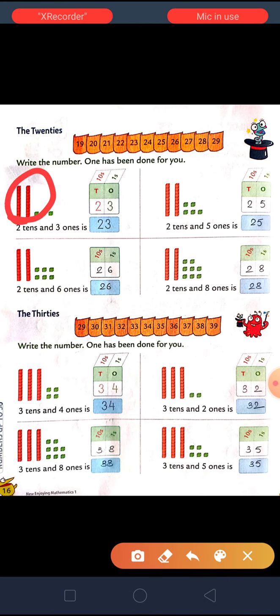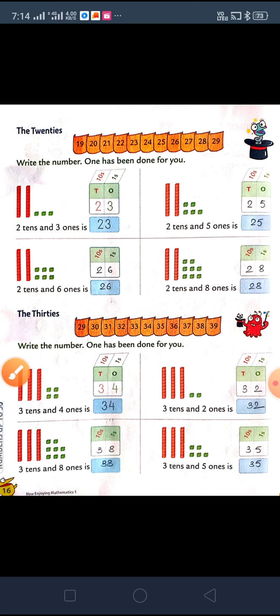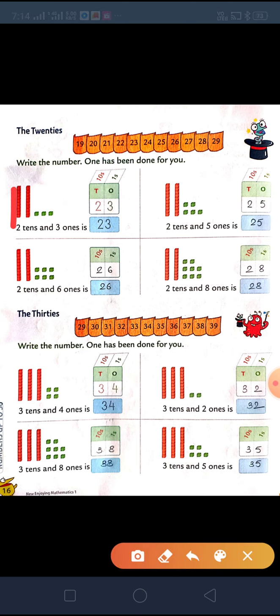Here you can see blocks of 10, 10. 2 blocks are there, and in each row there are 10 blocks. So if in one row there are 10, in the second row there are 10 blocks.